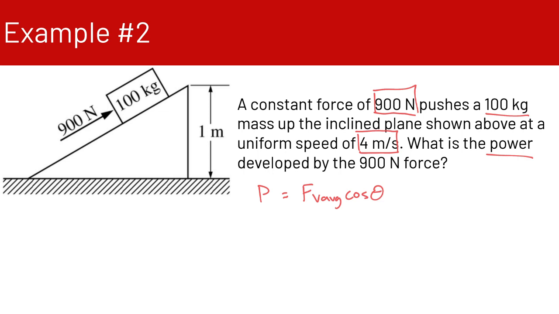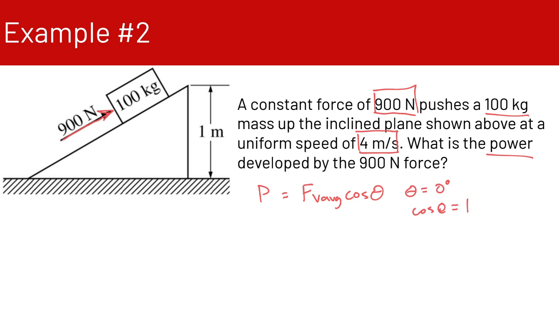The direction that the force is pushing in is the same direction that the object is moving up the inclined plane. So theta in this example is 0 degrees, so cosine of 0 is equal to 1.